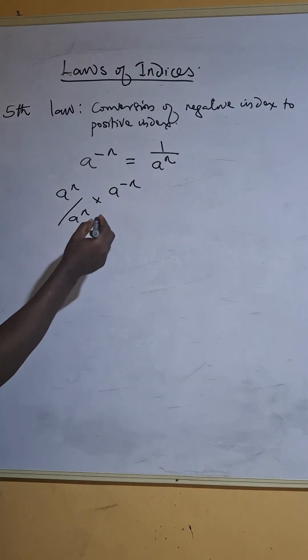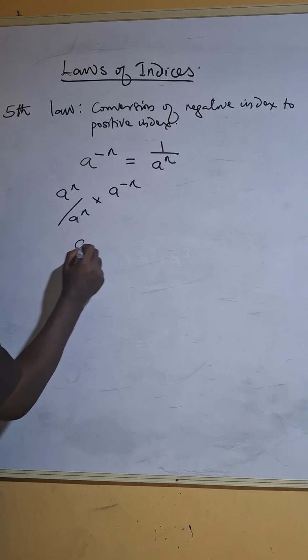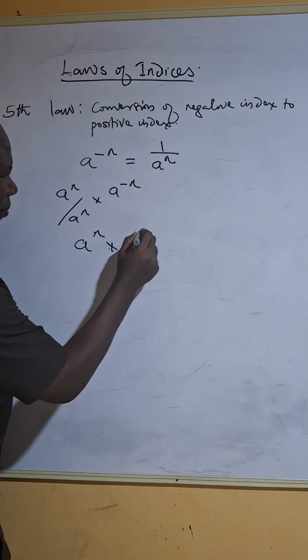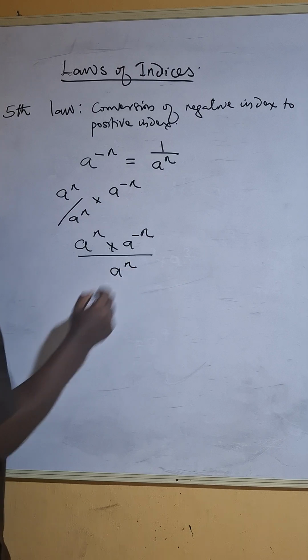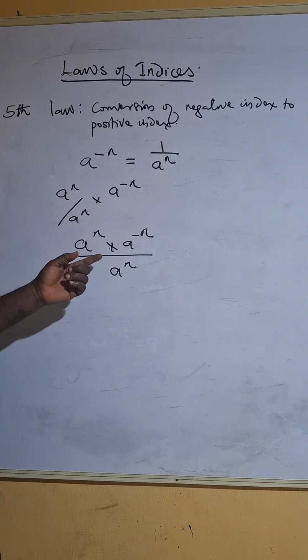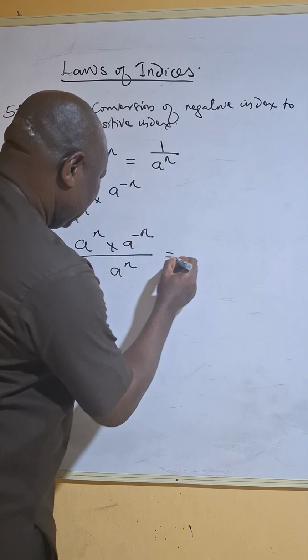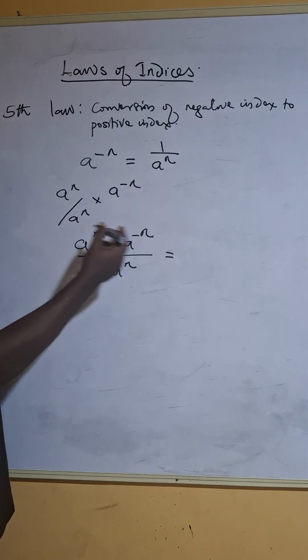At the end of the day, this will give you a raised to power n times a raised to power minus n, all over a raised to power n. Now, apply the first law of indices here. The first law says that when you have multiplication, you add.